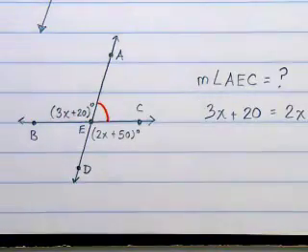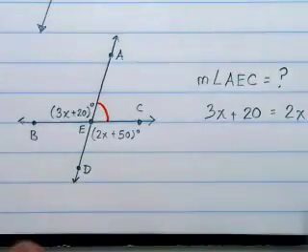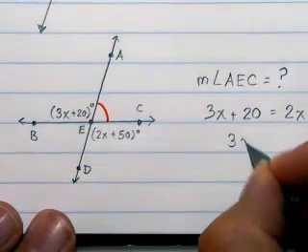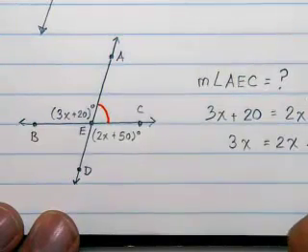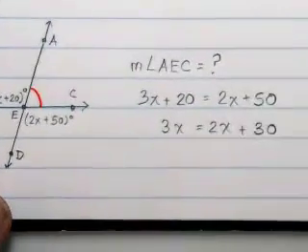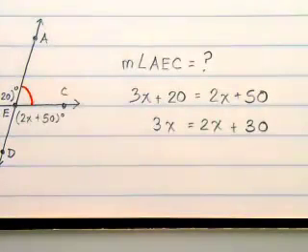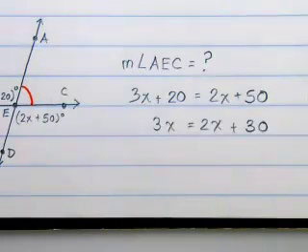Okay, so can anybody give me a first step here to getting this thing going? Okay, so that would leave me with 3x equals 2x plus 30. Okay, somebody else? Oh, well, just take a look.